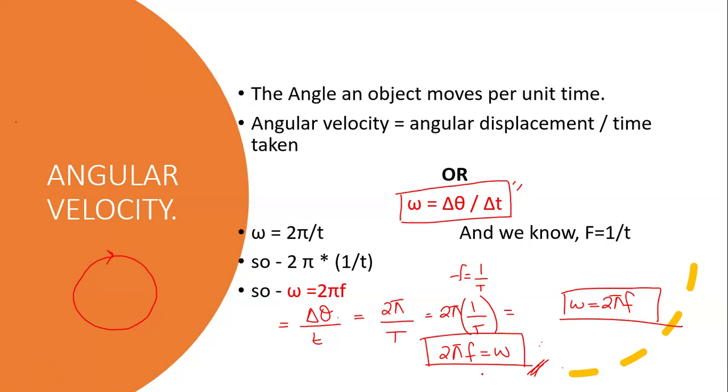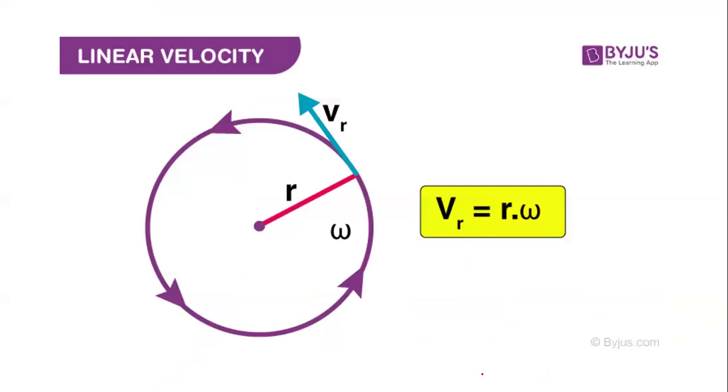Okay. Now, like I told you, we can have angular velocity or we can have linear velocity. Linear velocity is the instantaneous velocity possessed by the object at that particular time in the circular movement.